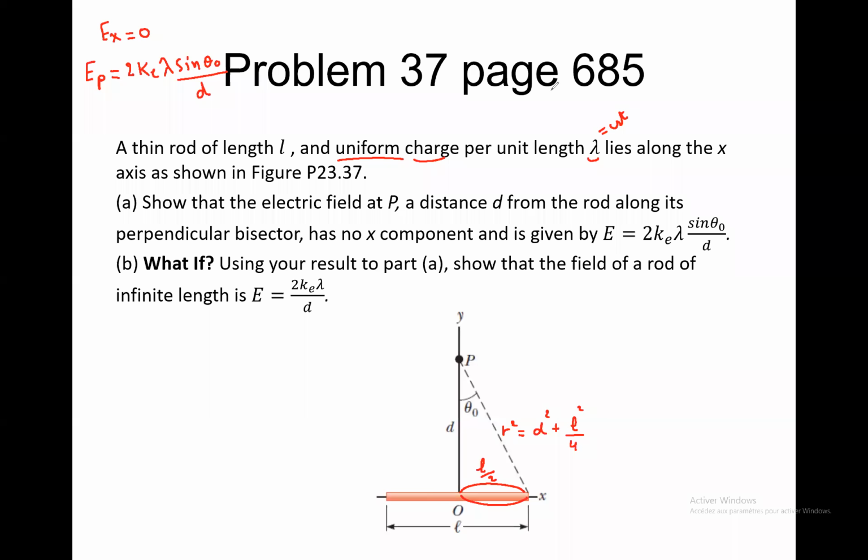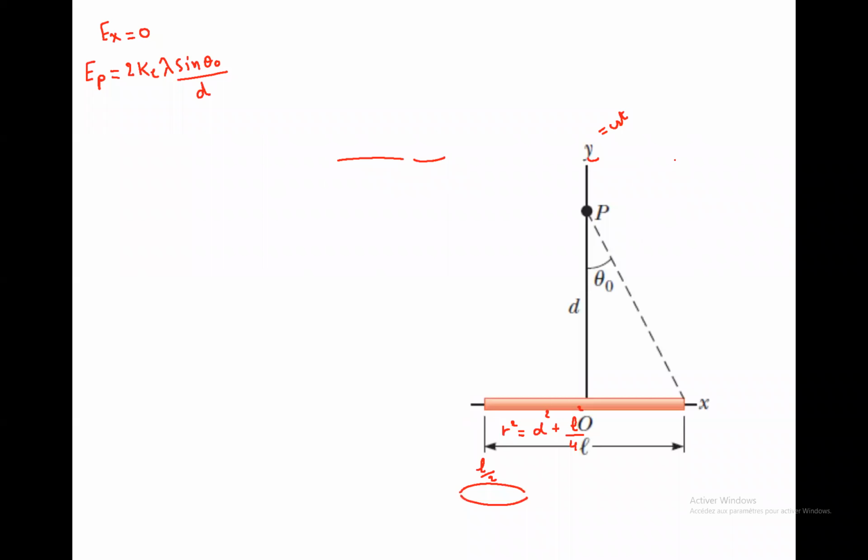First of all, let's show the x component is equal to 0. In general, the x component equals 0 or the y component equals 0 when we have a symmetry.